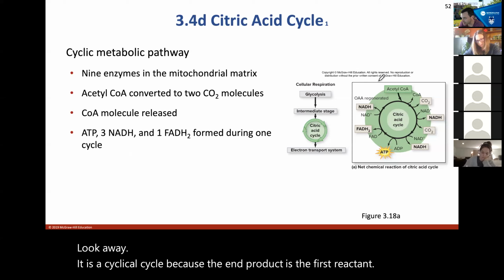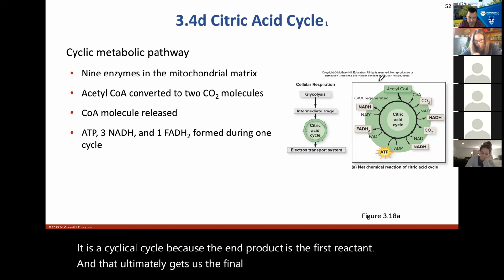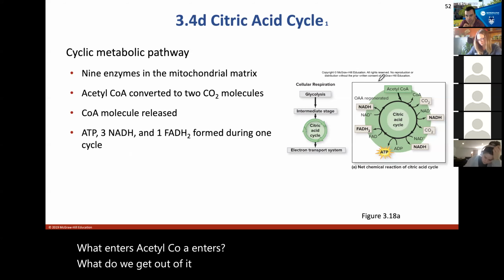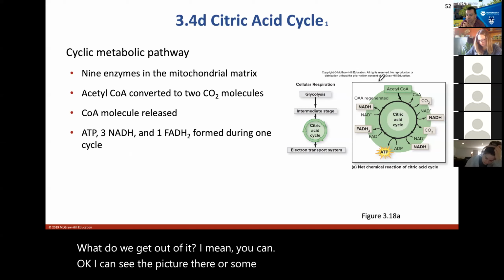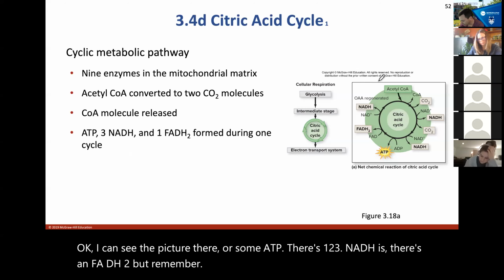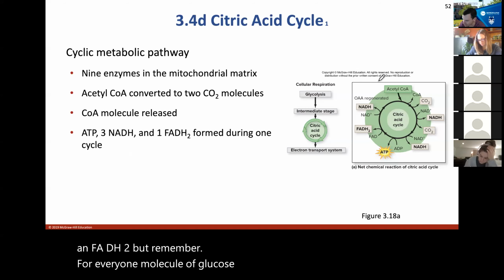And that ultimately gets us the final product every single time. Okay. What enters? Acetyl-CoA enters. What do we get out of it? Well, I can see the picture there. There's some ATP, there's 1, 2, 3 NADHs, there's an FADH2, but remember, for every 1 molecule of glucose, 2 pyruvates. So everything is doubled up, right?